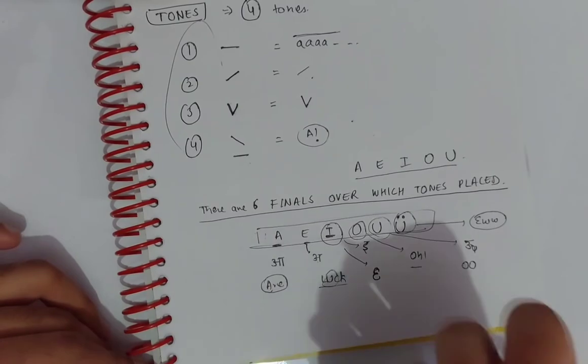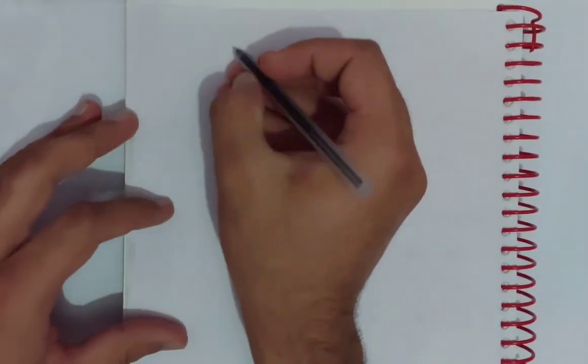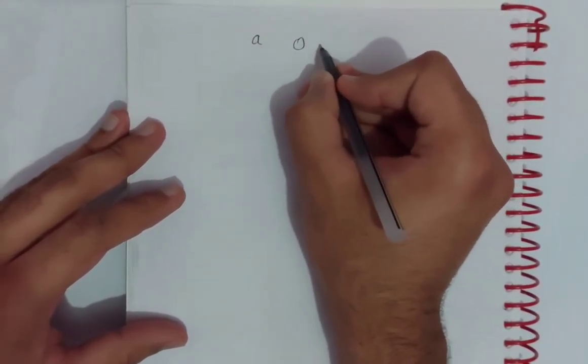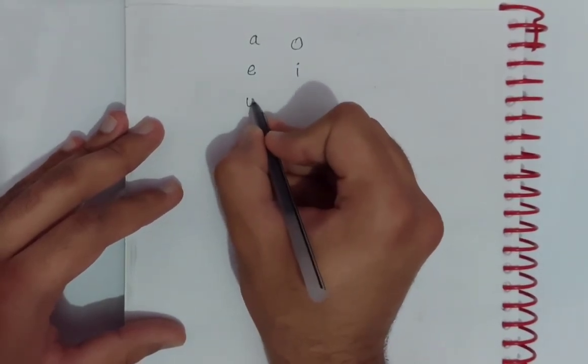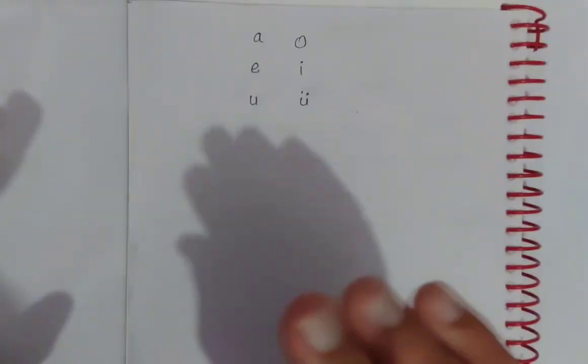For example, you can say any word: a, o, e, i, u, and this. So these are the 6 finals over which the tones will be placed.